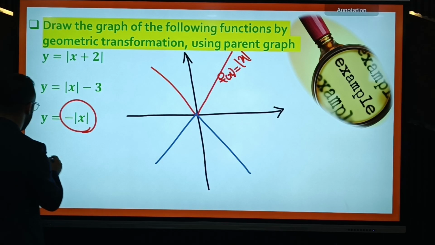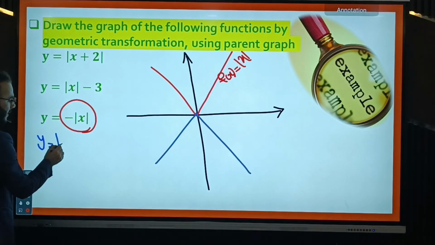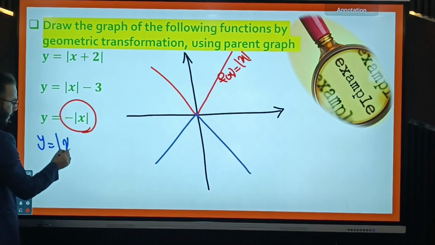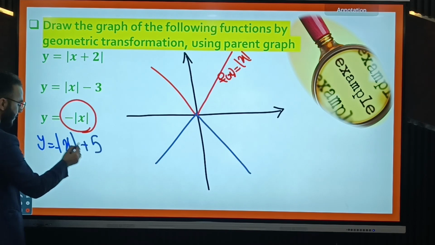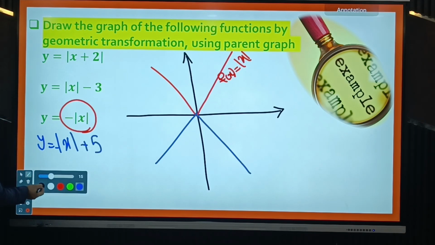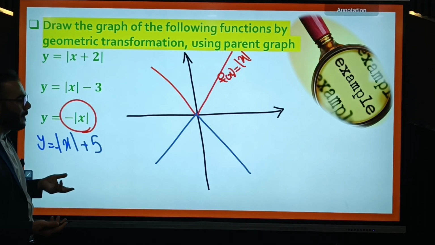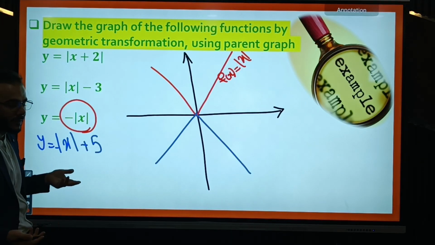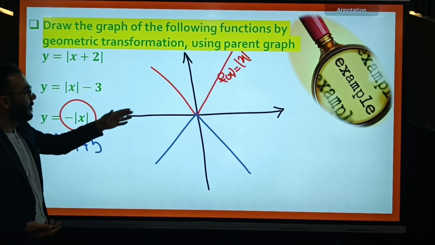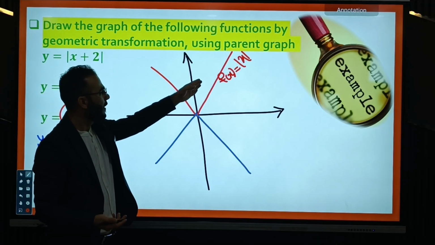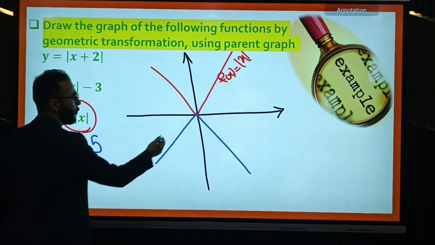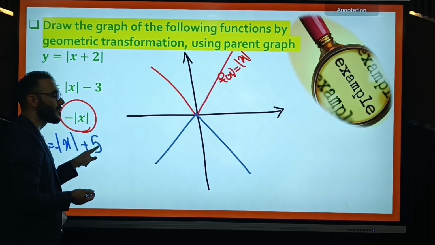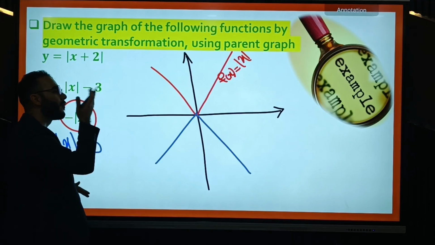Imagine if we have y equals negative absolute value of x plus 5. How many changes do we have here? Well, we have a reflection and a vertical shift. First of all, the parent function is over there. We are going to reflect it, we did it, and then plus 5, so we need to go up 5 units.